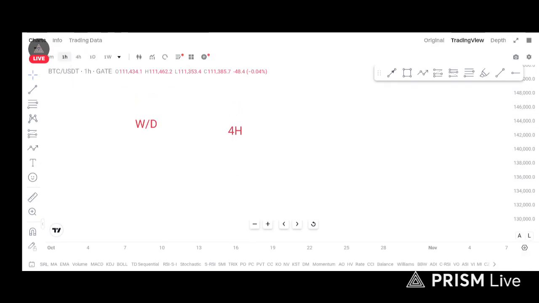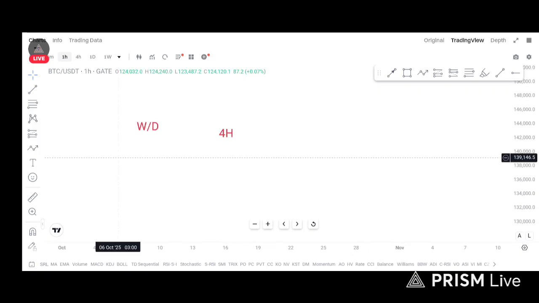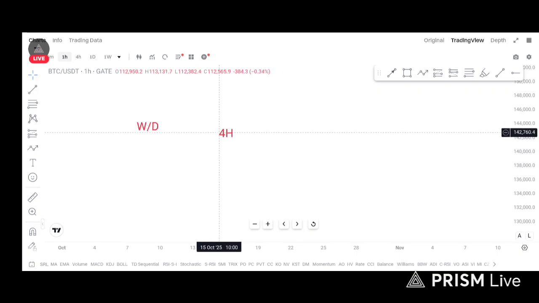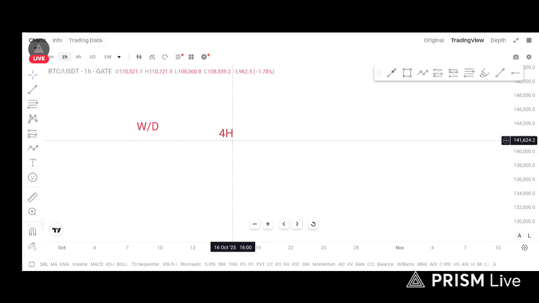So the H4, the 4-hour time frame, is our second time frame after our directional time frame. The 4-hour also serves as a directional time frame, but it gives us a clearer picture to work with.